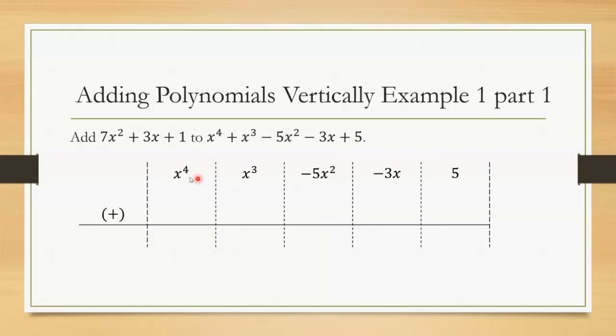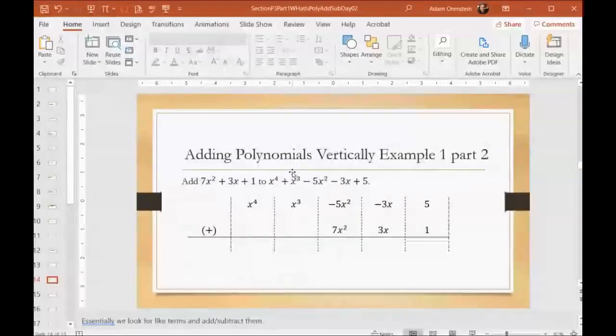And now what's going to happen next? Well, this polynomial is going to go below it. Like terms go in the same column. Okay, like terms go in the same column.